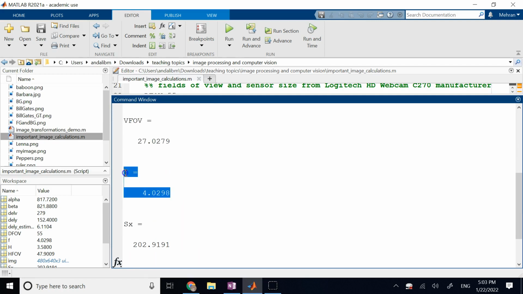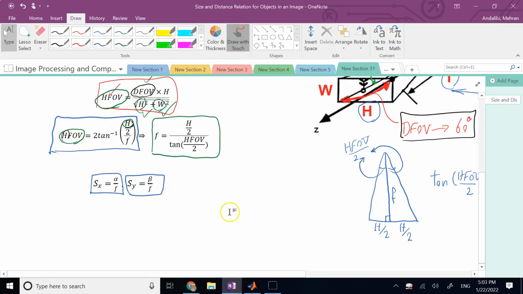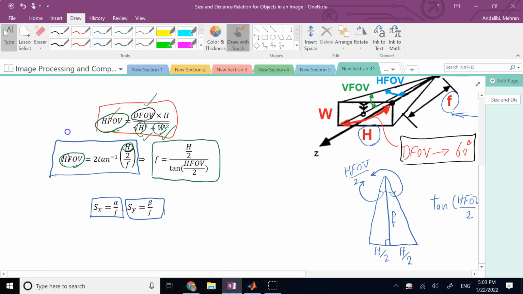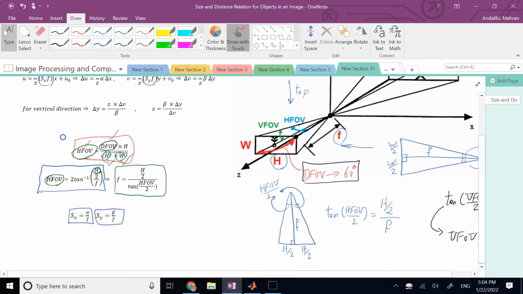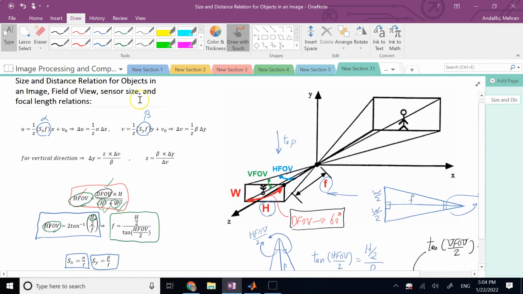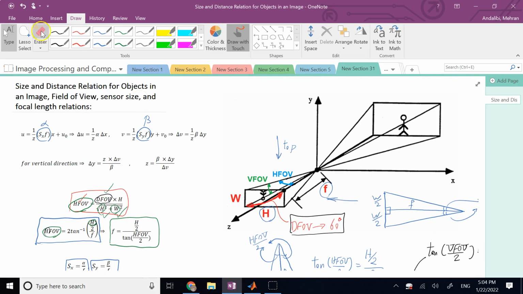Your focal length is about 4.03 mils, and your SX and SY are 202.9 and 203.9 pixels per millimeter. Because you need this to calculate these parameters for many calibrations and many calculations, I decided to publish this video and tell you how to do these calculations.